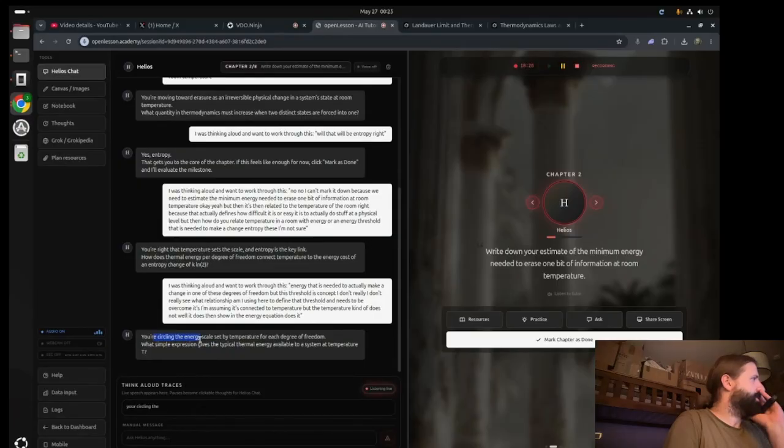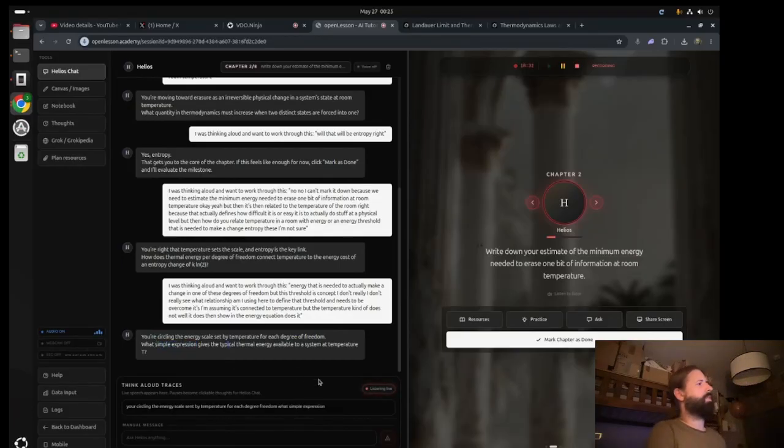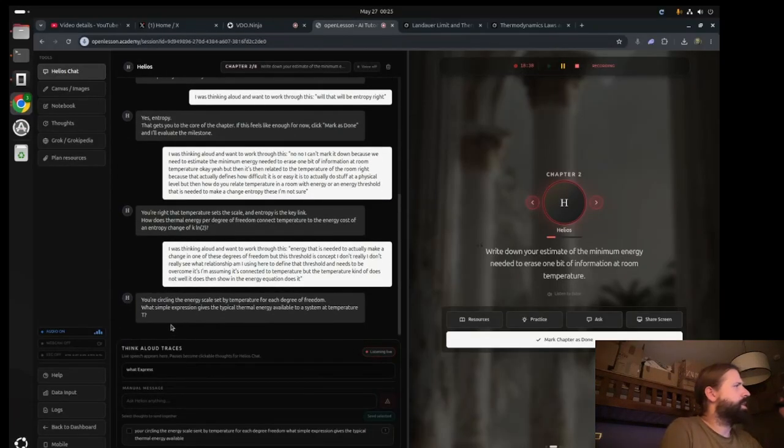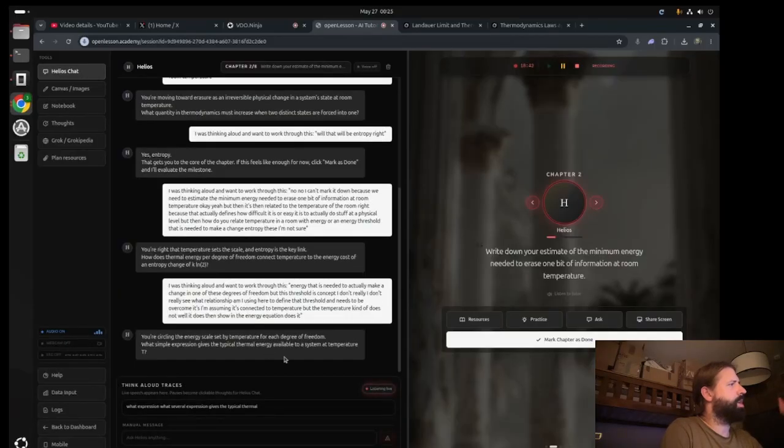You're circling the energy scale set by temperature for each degree of freedom. What simple expression gives the typical thermal energy available to a system at temperature T?